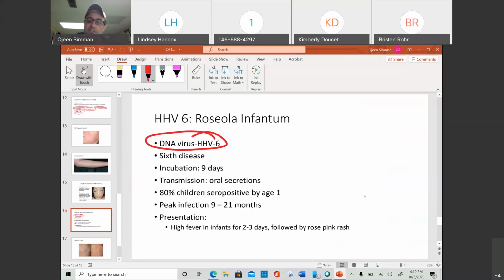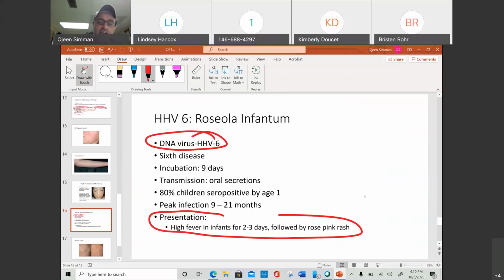The presentation is that the infants will have a high fever for about 3 days, and then this is followed by a rose pink rash. First, high fever for 3 days, followed by a rose pink rash.